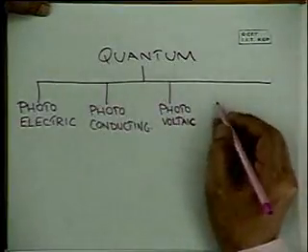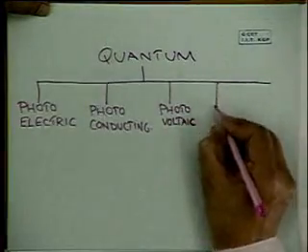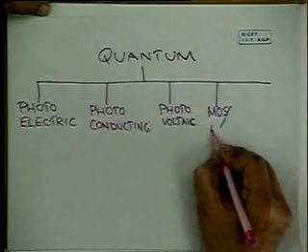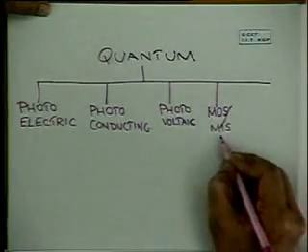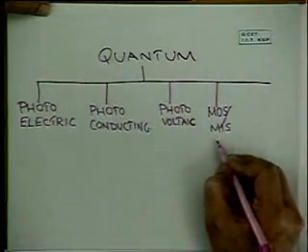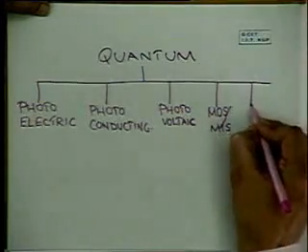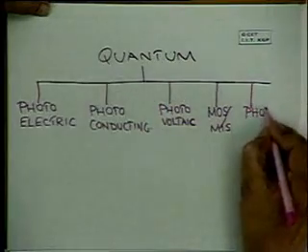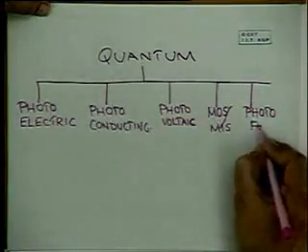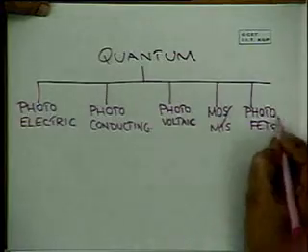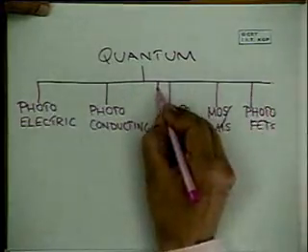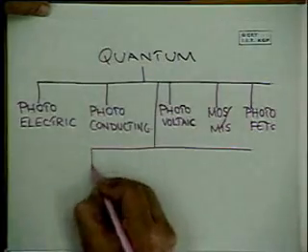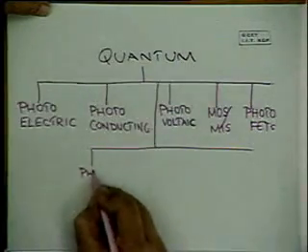We can also say that there are, based on modern technology, MOS or MIS type of detectors. There are photo FETs, and we can also classify phototransistors.